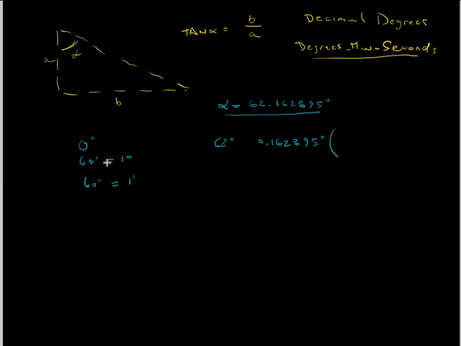Well, we said that there's 60 minutes in 1 degree, so the degrees cancel out. You're left with minutes. So it's going to be 60 times 0.162895, which is 9.7737 minutes.